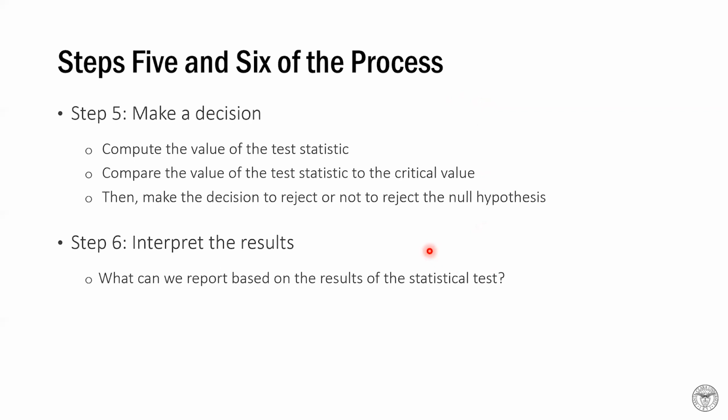In step 6, to interpret the result, if the test results in a decision not to reject the null hypothesis, we can say that based on the sample data, the difference between the sample mean and the hypothesized population mean was not large enough to reject the null hypothesis.